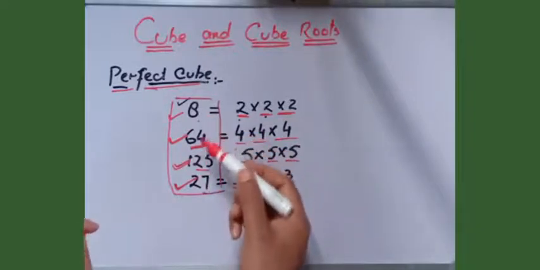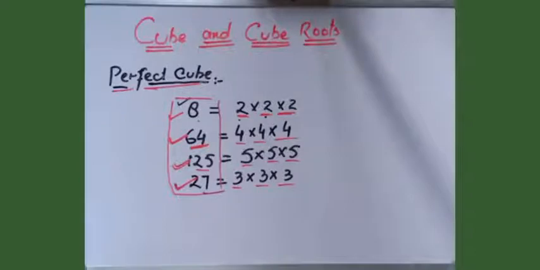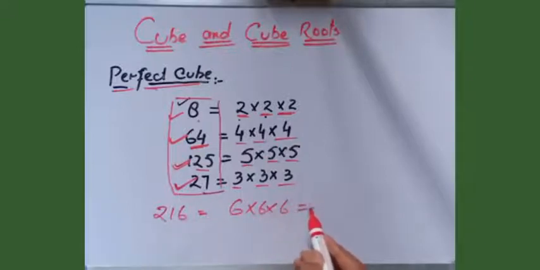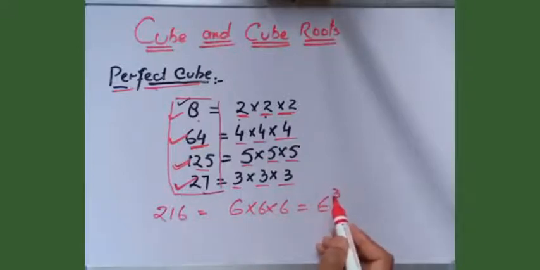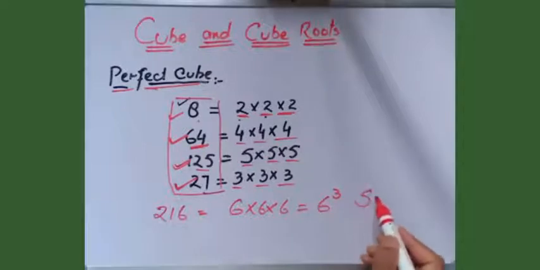Okay, so there are many more such numbers which are called perfect cubes. Say for example, 216. It is the perfect cube of 6. 6 into 6 into 6. So it is written as 6 raised to power 3, means 6 cube.